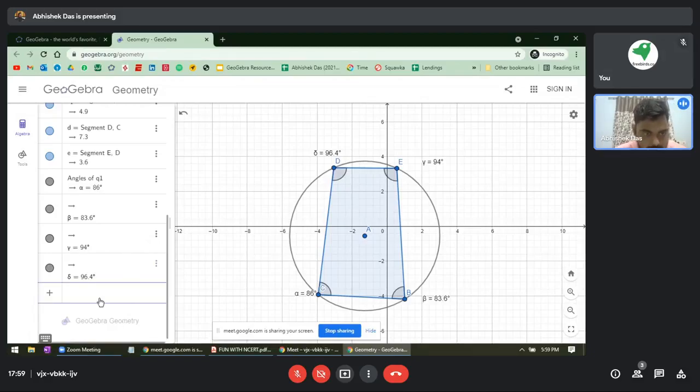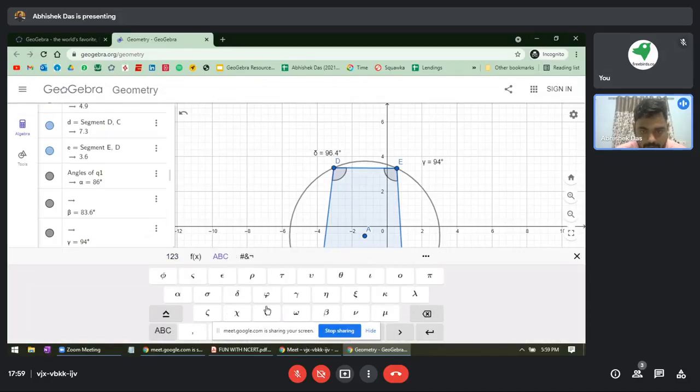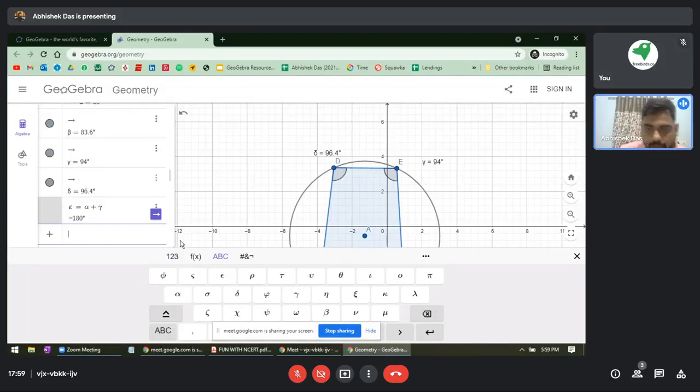So let's just go to this board again. And so we'll see that alpha plus gamma will be equal to 180. Similarly, delta plus beta. Let's figure out delta plus beta. It should also be equal to 180 degrees.